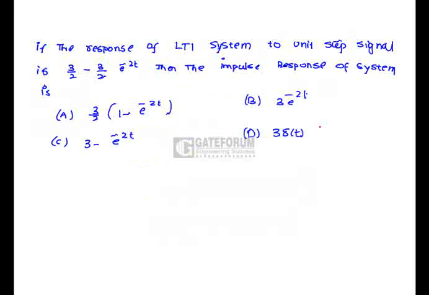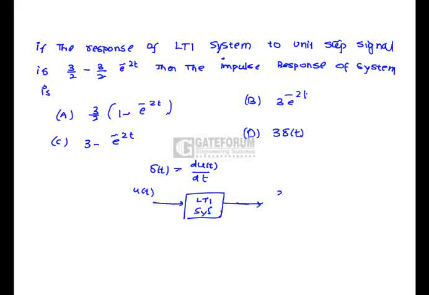Response of an LTI system to a unit step signal is 3 by 2 of 1 minus e power minus 2t, then the impulse response of the system is. We know that delta of t and u of t are related in time domain as du of t by dt. An LTI system is one where input and output are linearly related. So if the input is differentiated, then the output is also differentiated. For u of t we are getting 3 by 2 of 1 minus e power minus 2t.